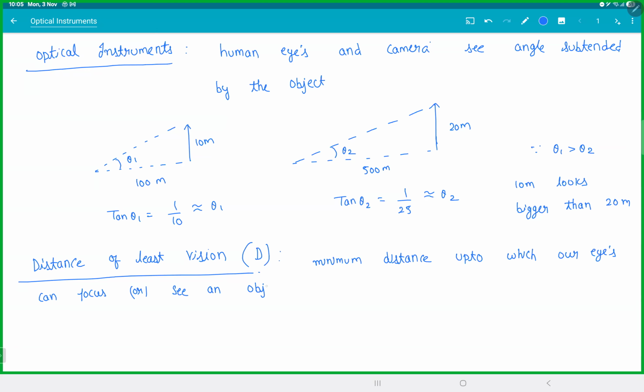Now we have two contradictory things. You want to see something, you need to get it closer. If you get it too close, you can't see. Right? So use your fingerprints. That doesn't depend on screen resolution. Now here we define theta naught, which is h by capital D. This theta naught is the maximum angle you can see without an instrument.